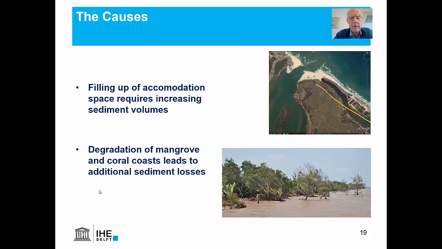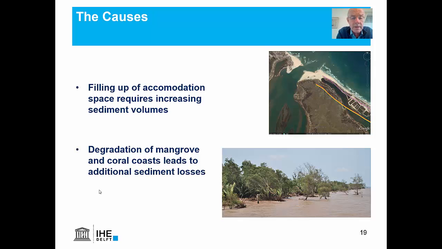Other causes are that if the sea level is rising or the bottom is subsiding, then that creates an accommodation space, which is a difficult word. And that means that, for instance, sand flats and mud flats tend to follow the level of the sea.